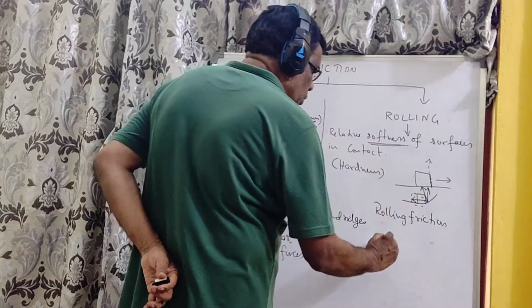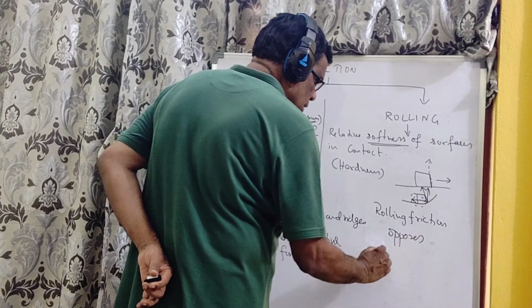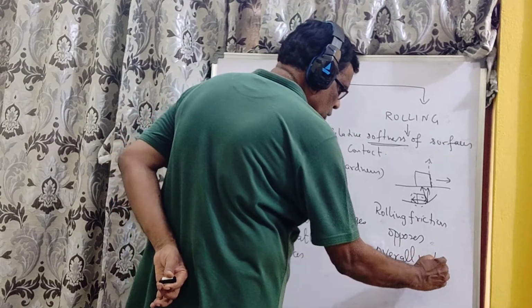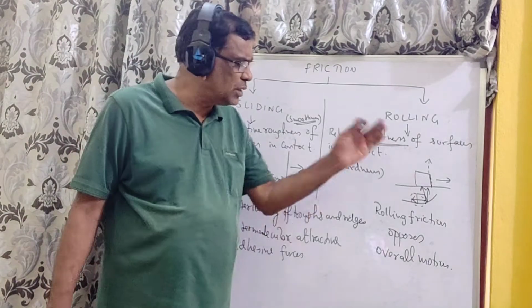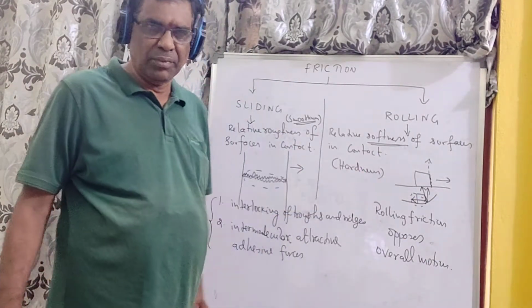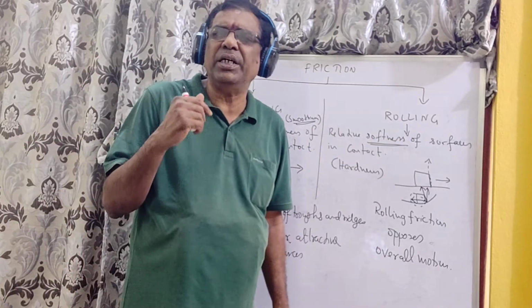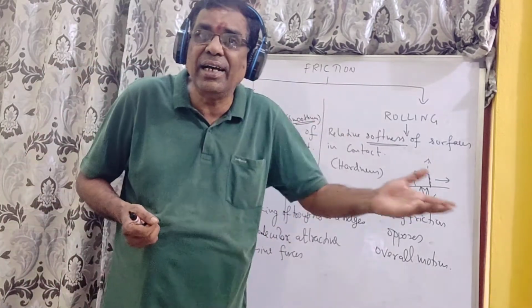That is very, very necessary to understand. What it does is oppose the overall motion of the body. That is what we call rolling friction. Now the rolling friction is predominant when you have deflated tires.